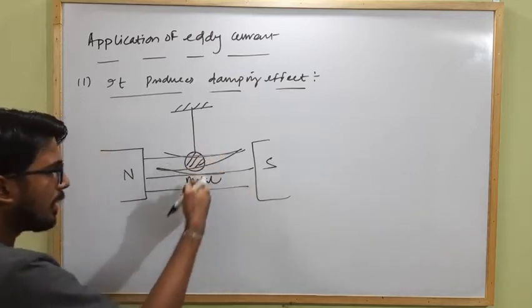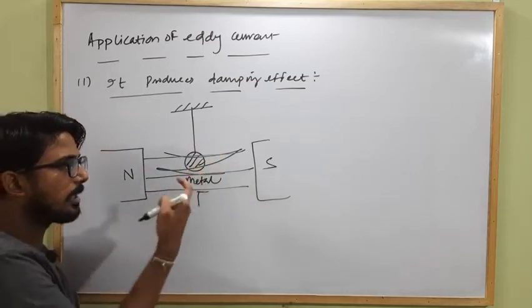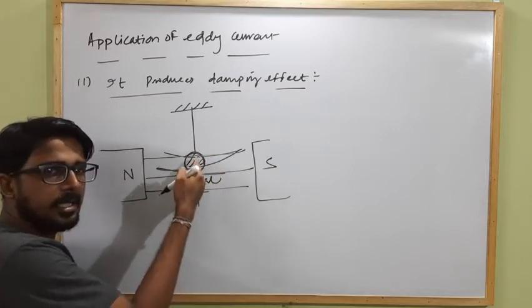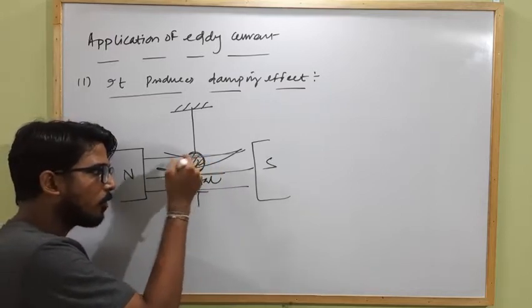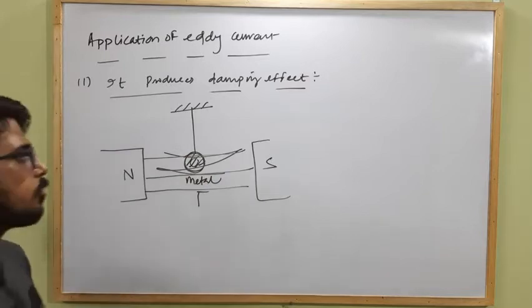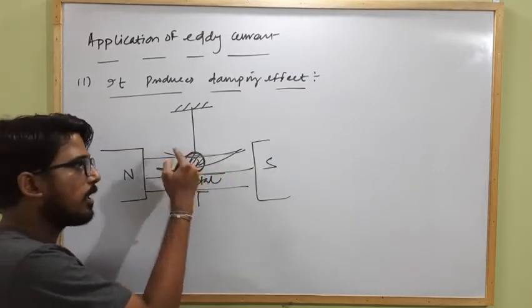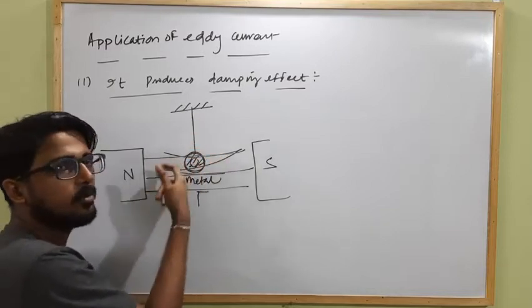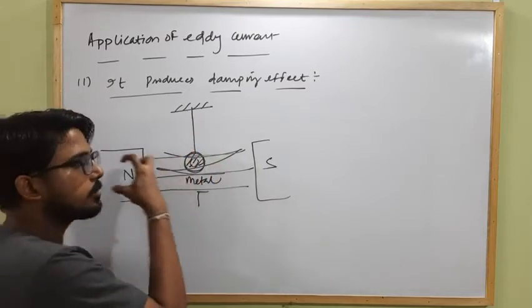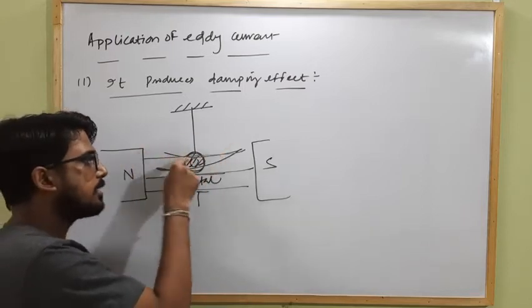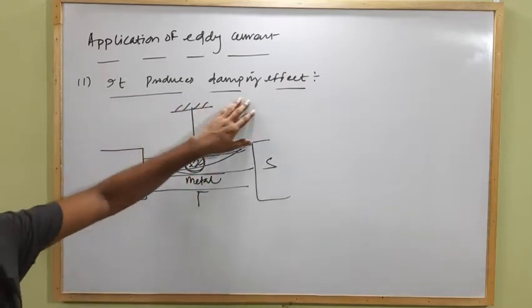So when the metallic ball starts to oscillate within this magnetic field, the flux linked with the metallic ball changes, due to which the metallic ball produces an eddy current which tries to oppose this, and due to the effect of eddy current, the time period of this metallic pendulum increases because it slows down. Gradually it slows down. This effect is known as damping effect.